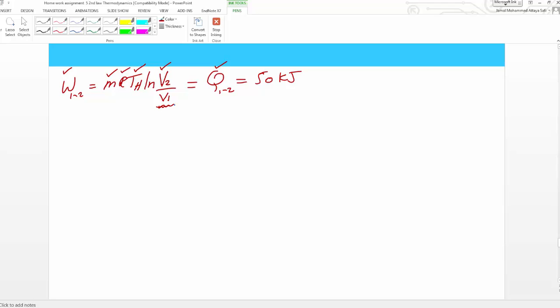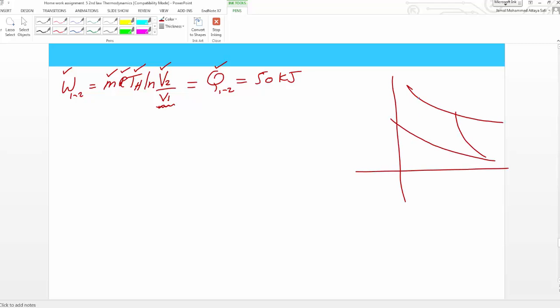And remember, where are we now? 1, 2, 3, 4. So I'm trying to find V1. This is the PV diagram.